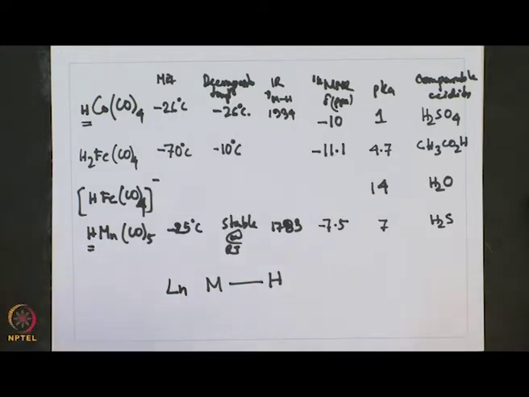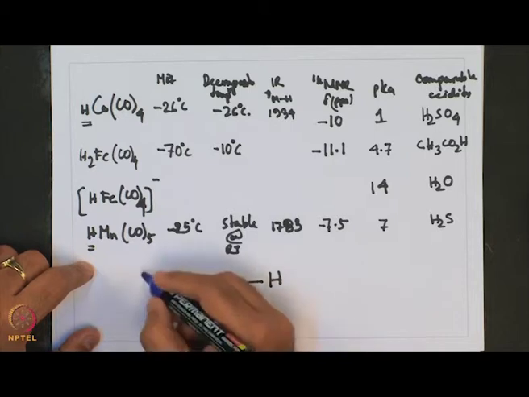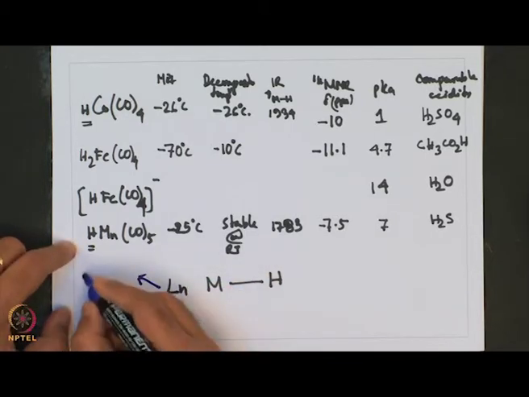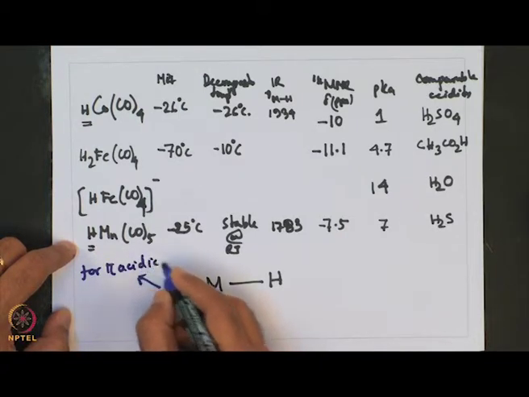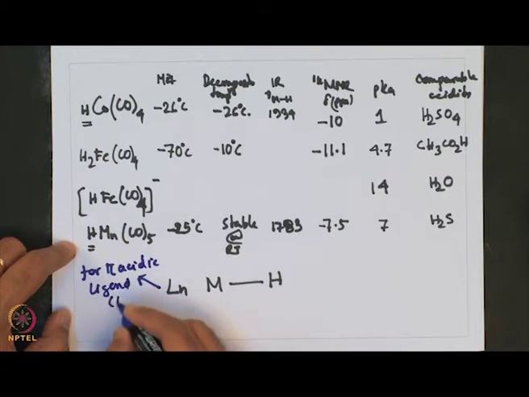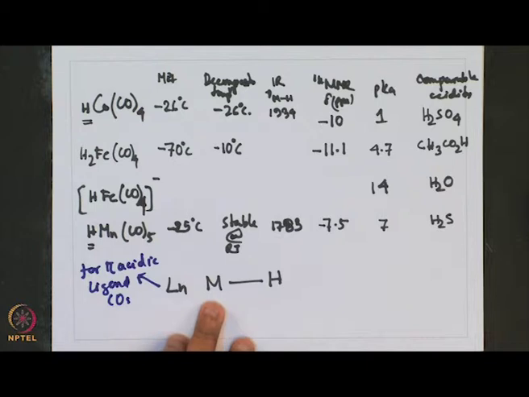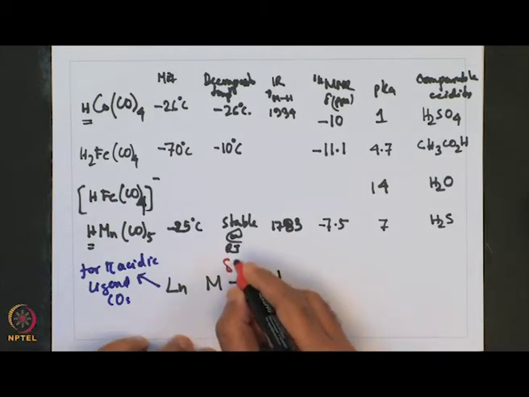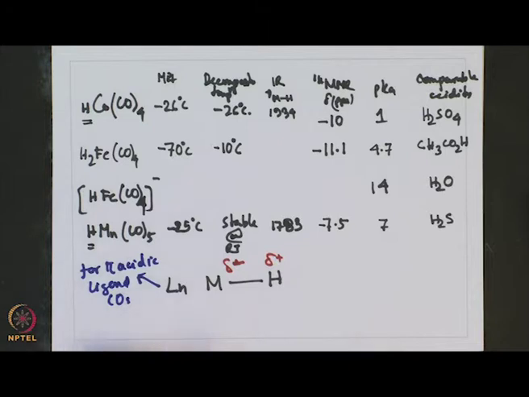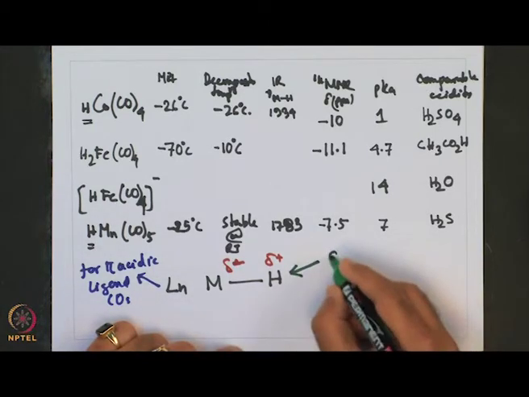For example, when this Ln is a highly pi acidic ligand like carbon monoxide, this metal is highly electron deficient, and as a result it pulls the M-H bonded electrons very much towards itself, resulting in polarization as M delta minus and H delta plus. So, this results in acidic hydrogen.